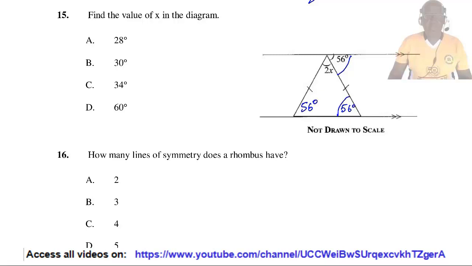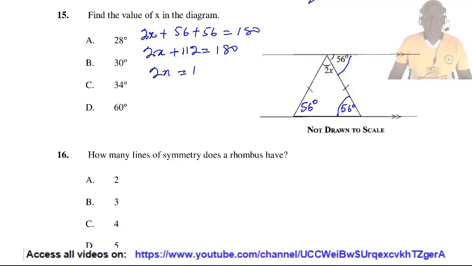So 2S plus 56 plus 56 should be equal to 180, or 2S plus 112 should be equal to 180, or 2S equals 180 minus 112, or 68. 2S equals 68. So S equals 68 divided by 2, which is 34. So the answer is C.